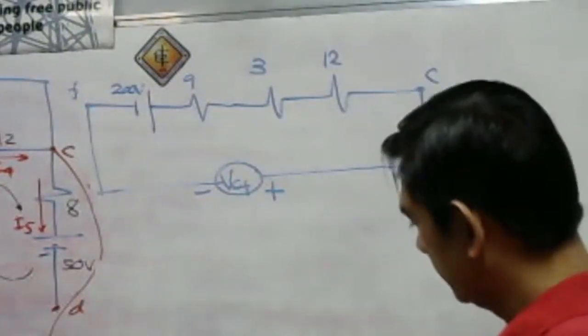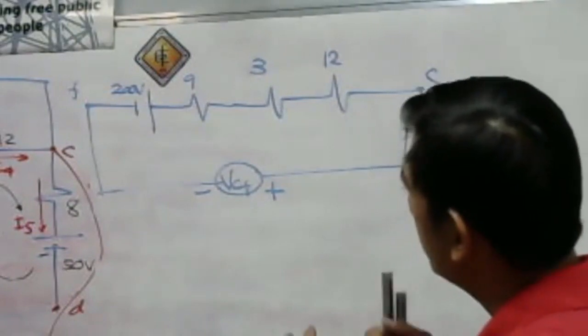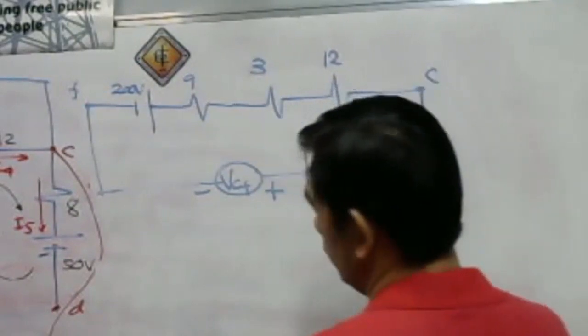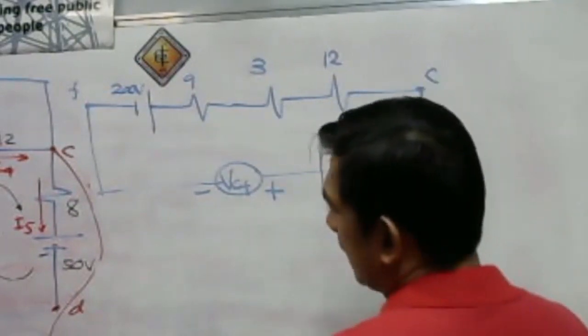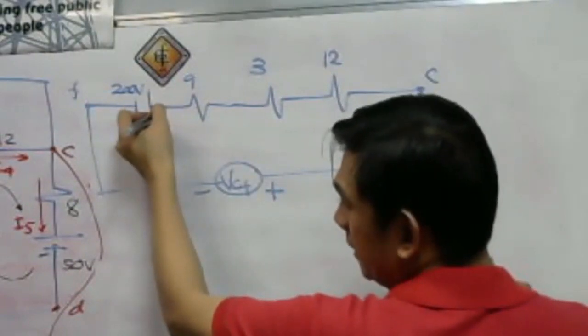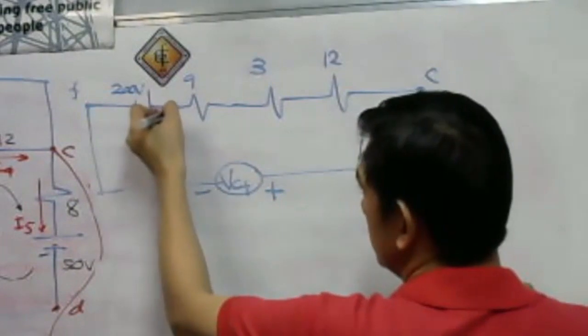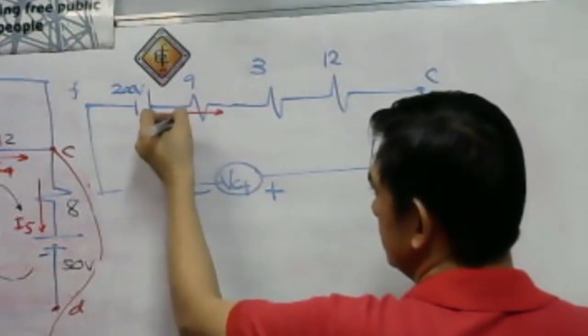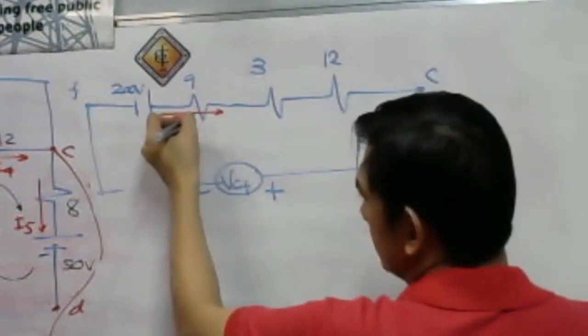Okay? And then, let us have the current flow. I1, we have on this direction. It leaves on the positive of 200 volts. Must not be affected.